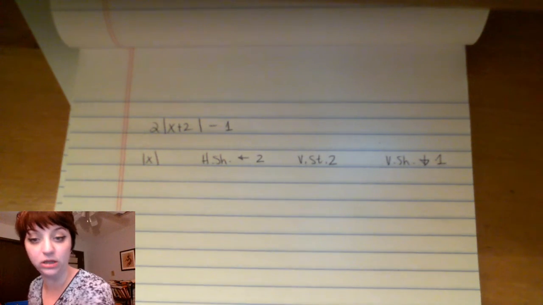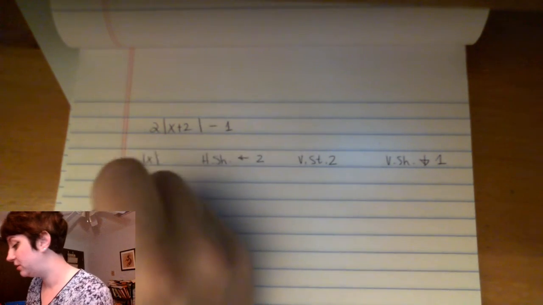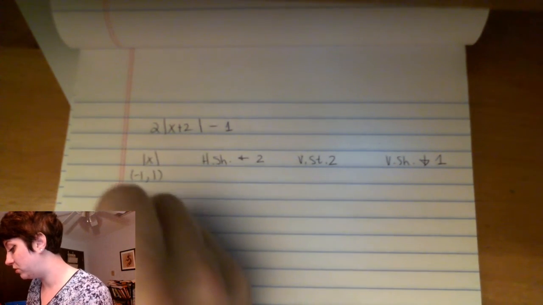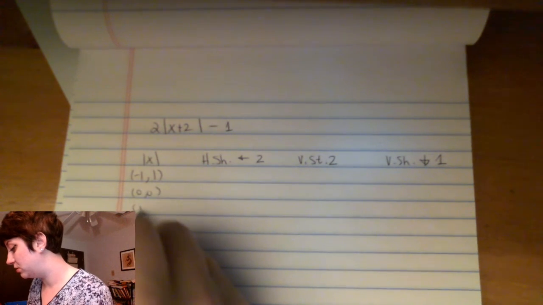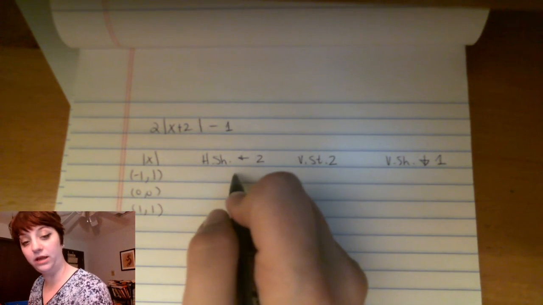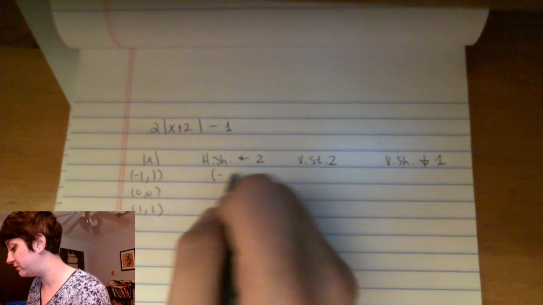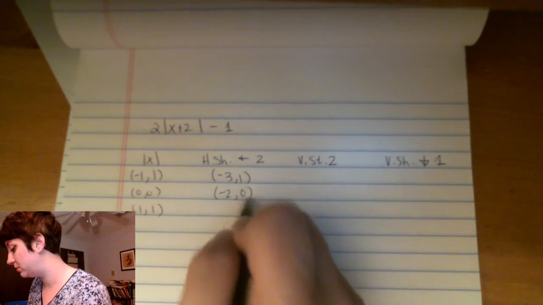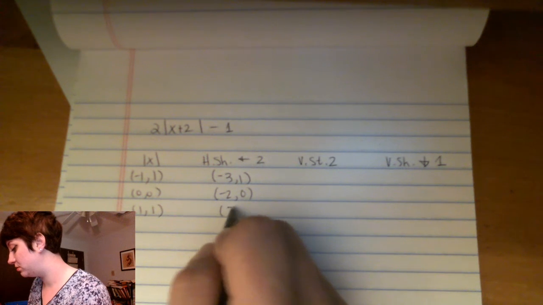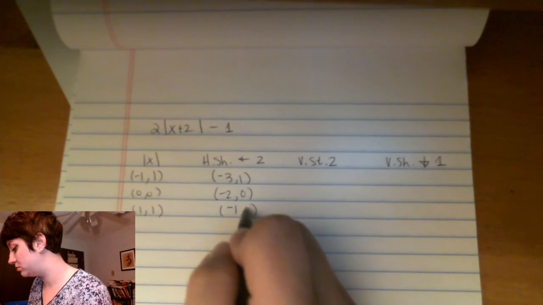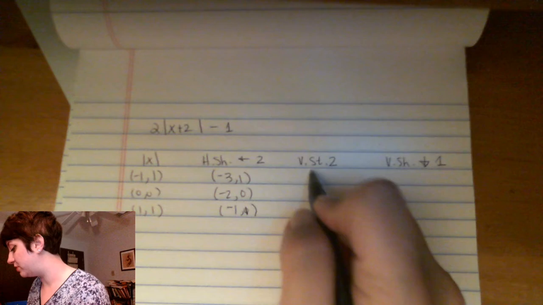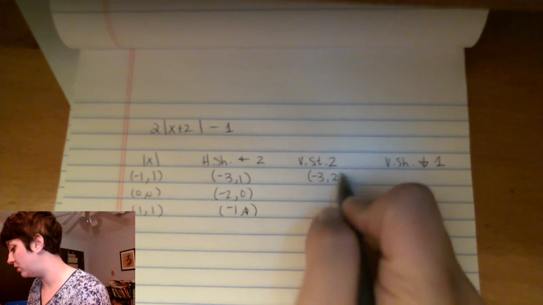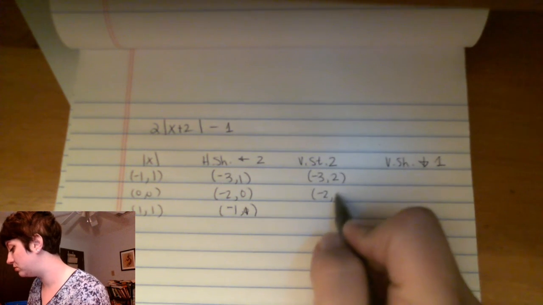Now I'm going to do this rather quickly just so we can see the points. So (-1, 1), (0, 0), (1, 1). Move left 2, which means my x value decreases, my y value stays the same. Vertical stretch by 2, x stays the same, y multiplies by 2.